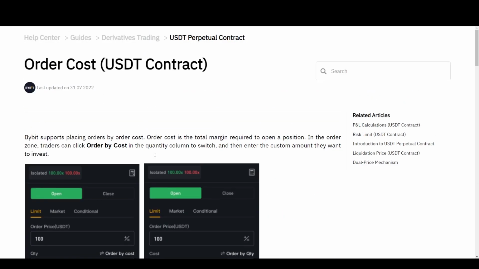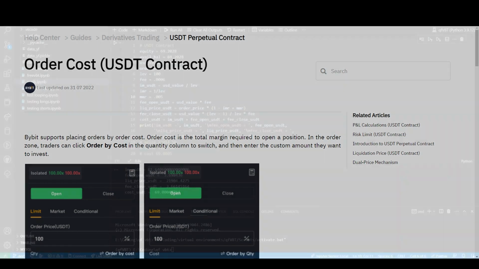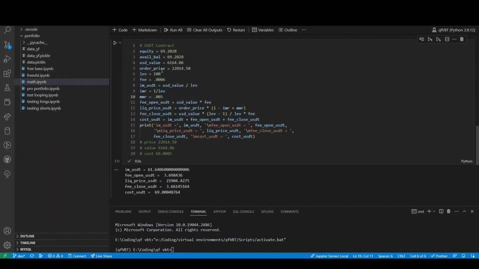Yeah, so I think order cost is just a protection of, this is the maximum size that you can. Maybe that's what I do. Maybe that's what this is for, for the math side of things.